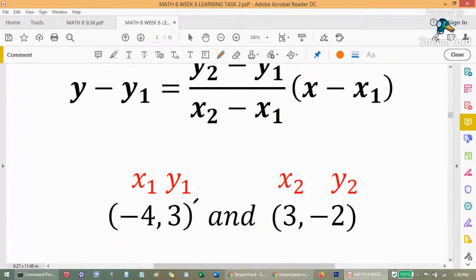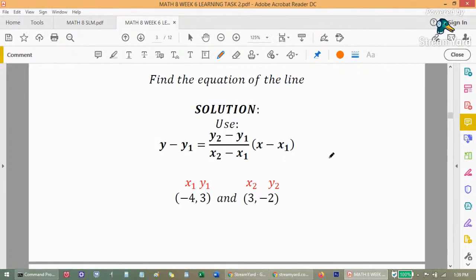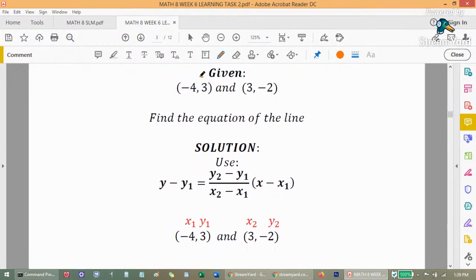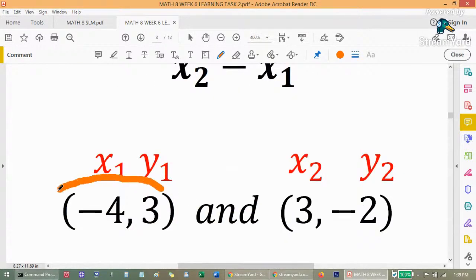So, sulat natin yung dalawang points natin dito. Yung negative 4, 3. Kinopya ko lang siya dito. Negative 4, 3. Itong 3, negative 2. Okay, so ito yung ating first point.